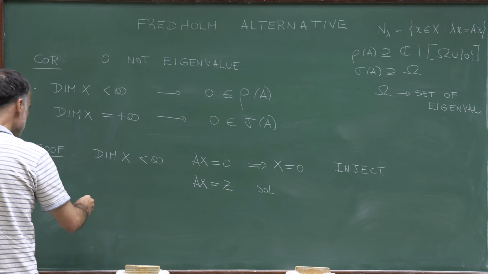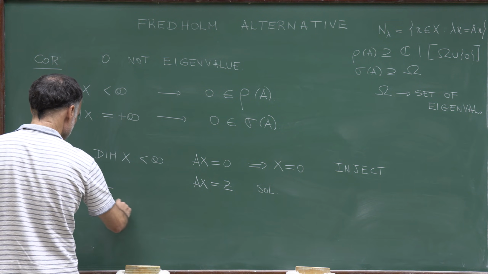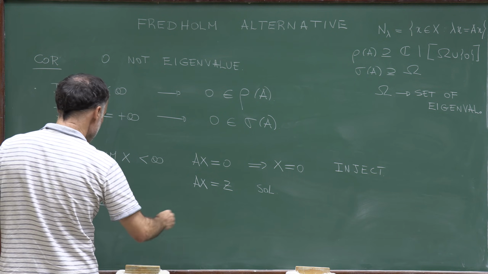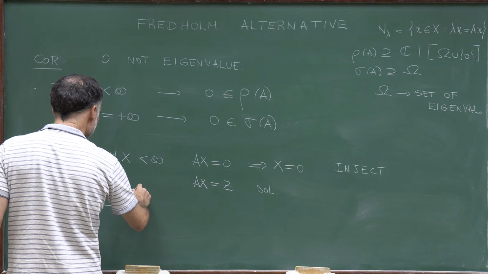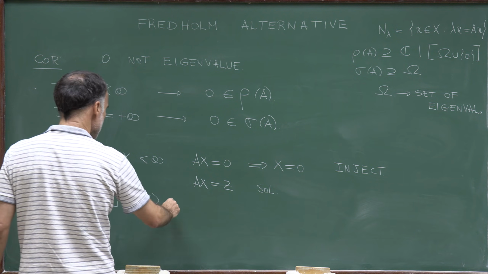And the solution is given by x equal to the sum of (z, xj) xj over lambda j.